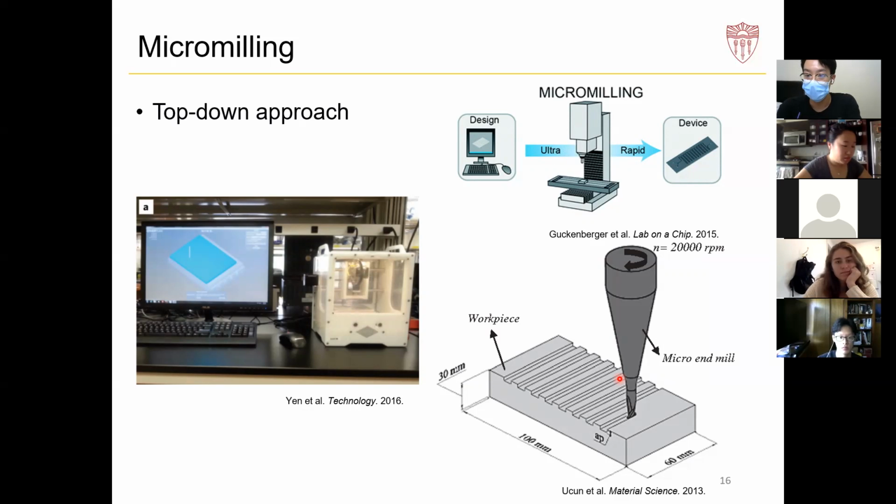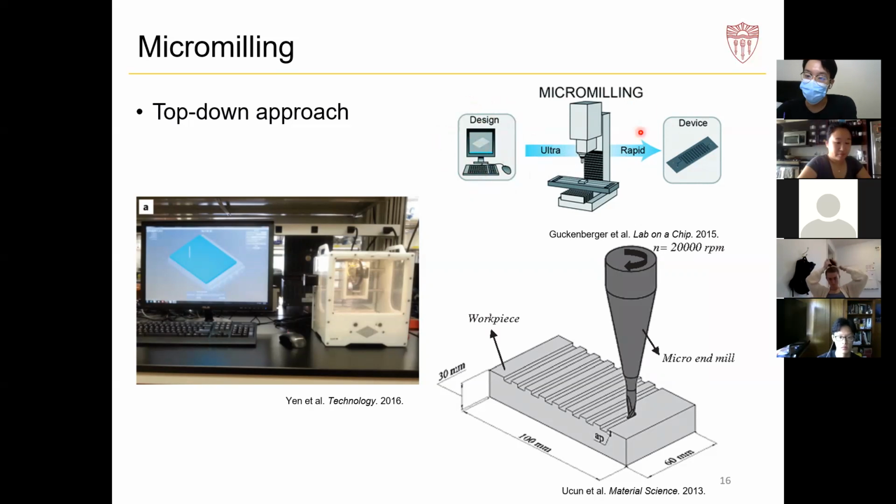How this drill bit moves is controlled by the computer. That's why a lot of these commercial mills are called computer numerical control machines. You design the device or end product in CAD software, very similar to 3D printing and photolithography, right?